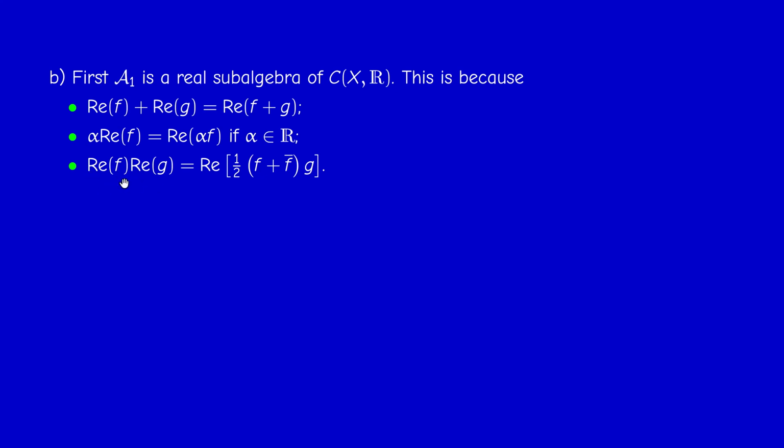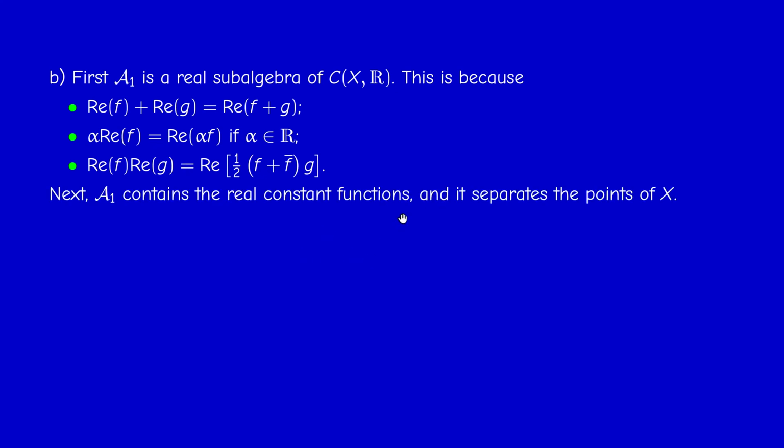So the product of real f and real g is the real part of 1/2 (f plus f bar) g. Now if f and g are in A, then f bar is in A, so 1/2 of the sum is in A, and g is in A, so the product is in A. So we know that A1 is a real subalgebra of C(X).